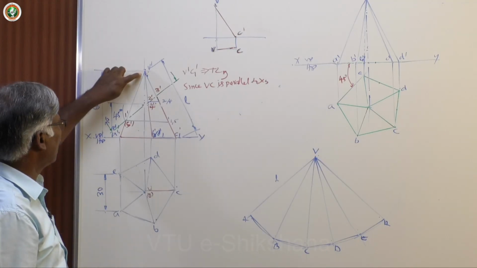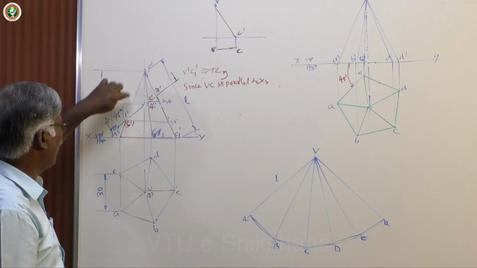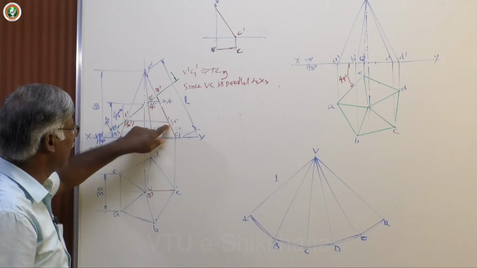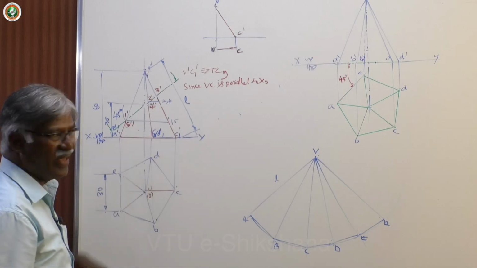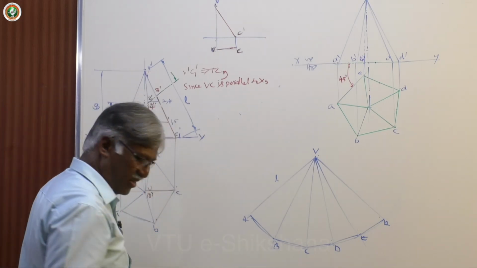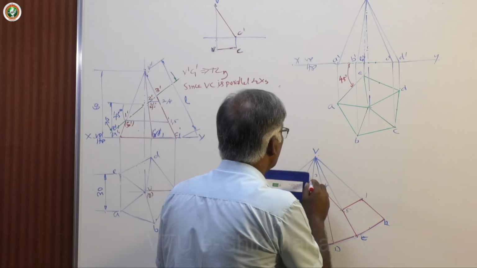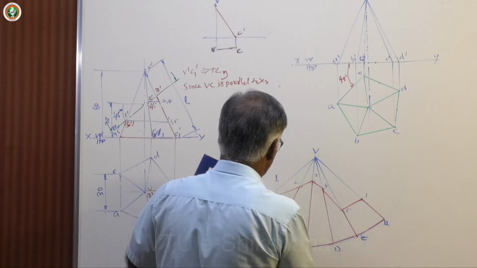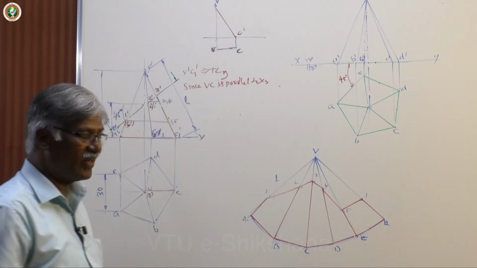If you want to take the true length of V1, V5, you take from this, not from this. This is apparent length, this is true length. Draw parallel to the base, that is very important. Okay. So, mark this point, distances. Yes. This is how you draw the development.